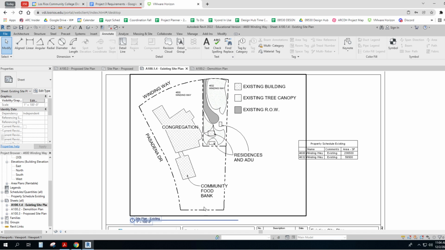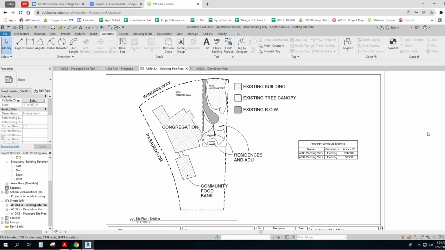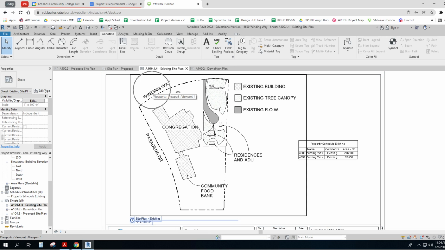If you add some of the property lines, that's good, but it's not really critical because nobody's going to be measuring new stuff based on that. Just knowing that this is on the corner of Winding Way in Pasadena, and that there's a specific set of addresses, and that there are existing buildings being identified, and that there's existing tree canopy that we need to deal with, and an existing right of way.